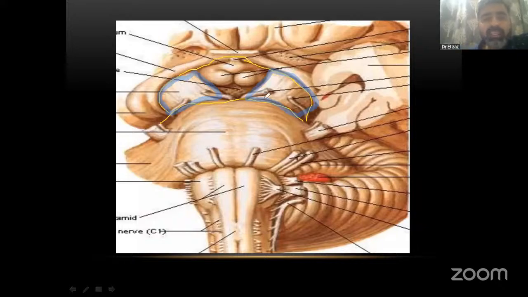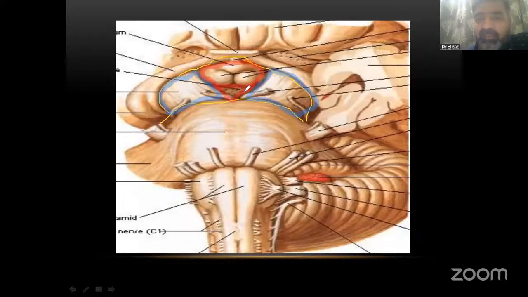In between these two peduncles, there is a fossa. You can see clearly this is a fossa, and this whole is a fossa actually.